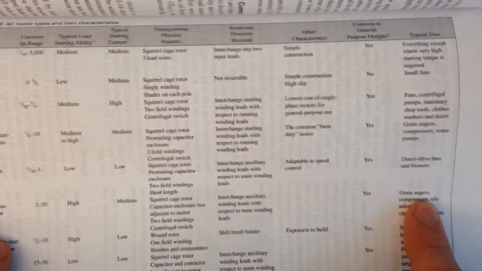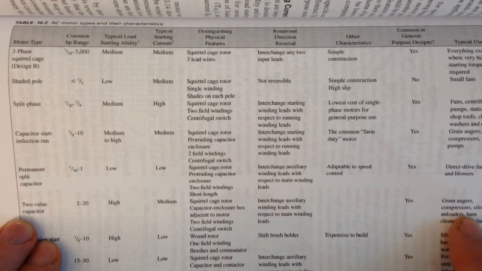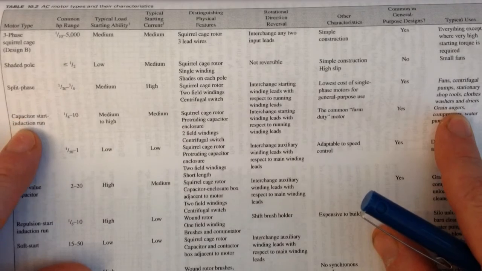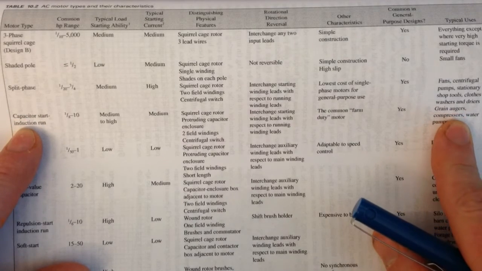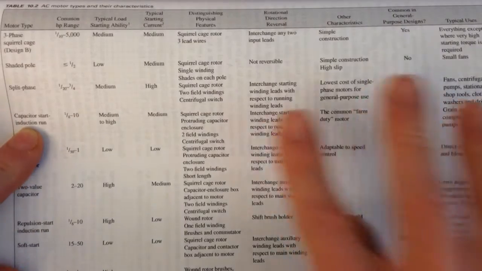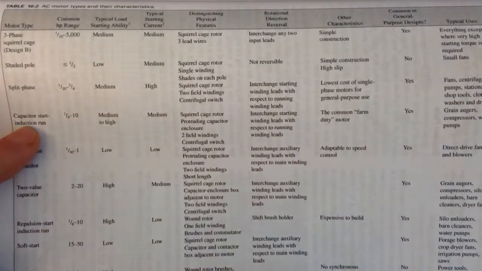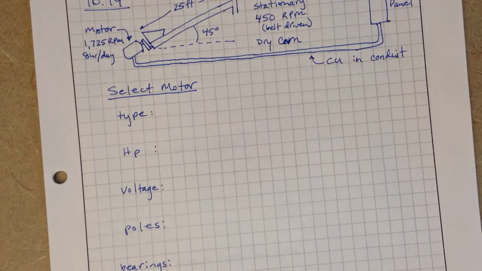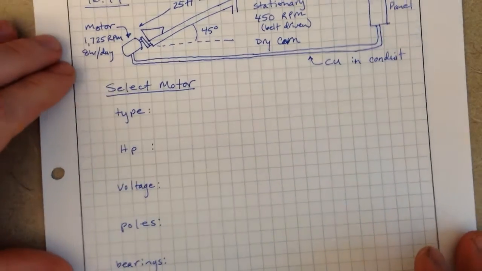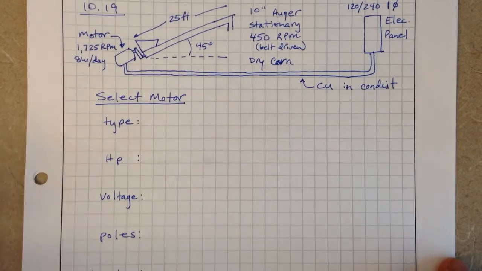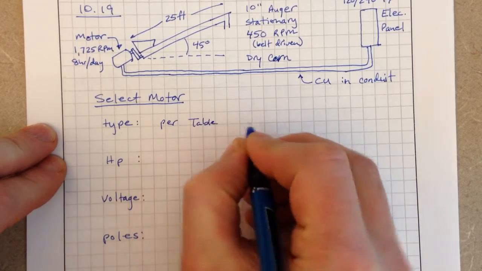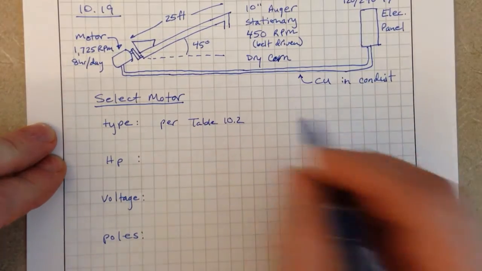We have a two-value capacitor motor, and then we also have capacitor start induction run motors. Those are two common motors that we can use for augers. This is a nice table to just get an idea of what type of motor we would want to use. We can also look at Grainger. They have a nice interface for looking at different types of motors and different application scenarios.